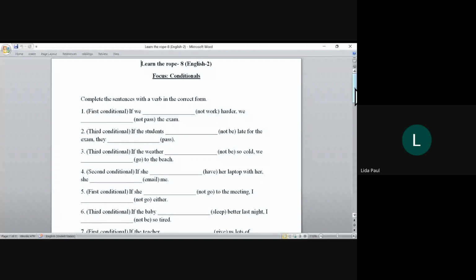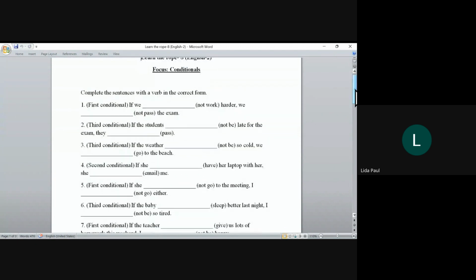Good to go. Let's look at a few questions then. I'll share that sheet with you so that you can work on it. On the sheet, the conditional is indicated. You're going to rework the verbs in the sentence into the right tense form to convert it into the given type of conditional. Shall we start?